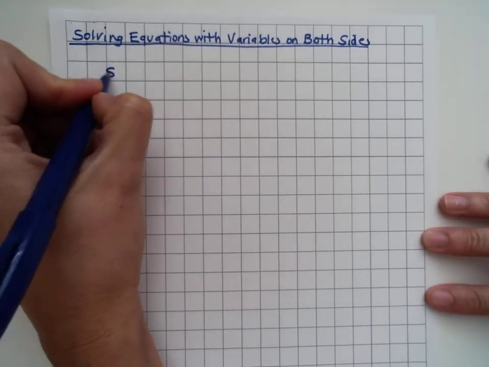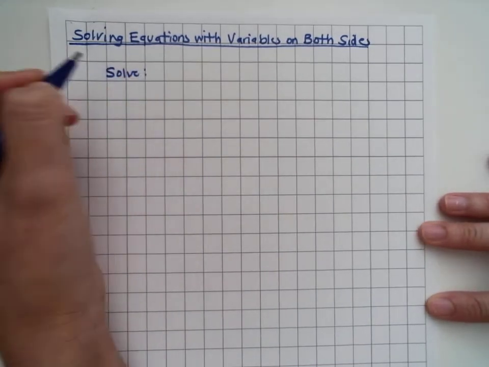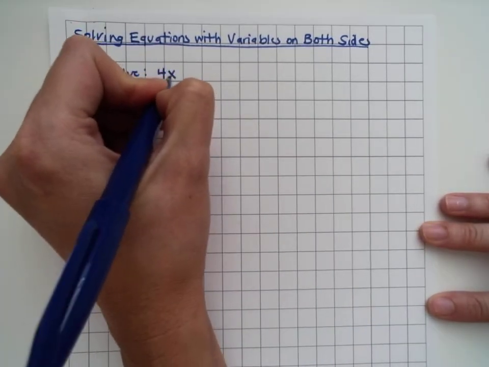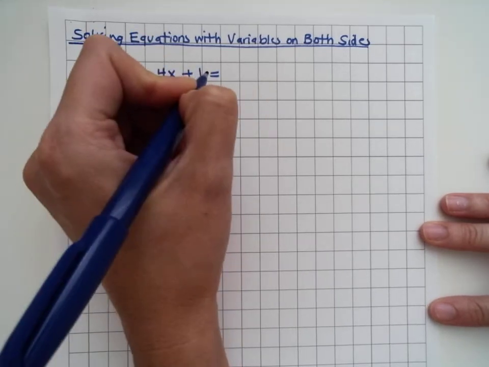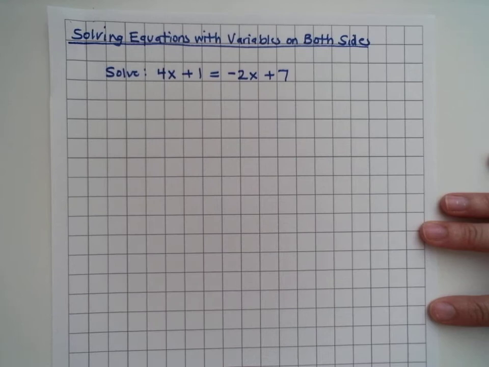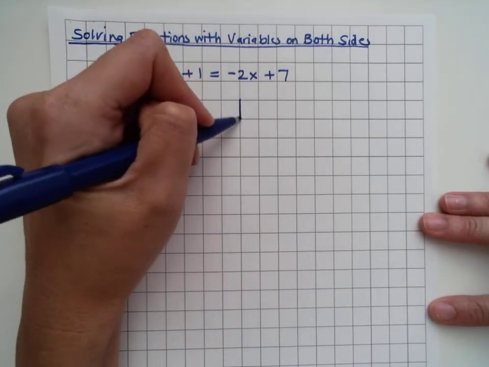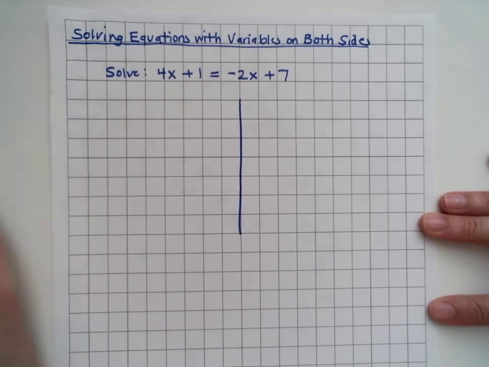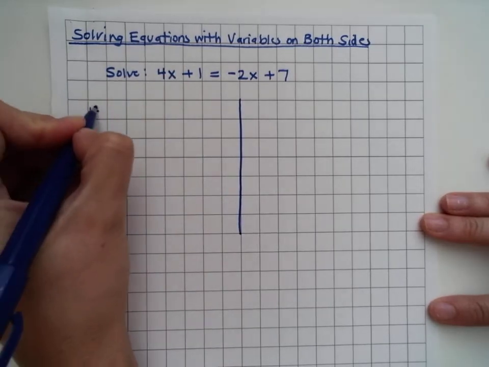So let's say we are solving 4x plus 1 equals negative 2x plus 7. Copy down the problem again.